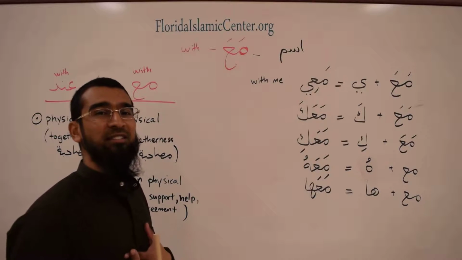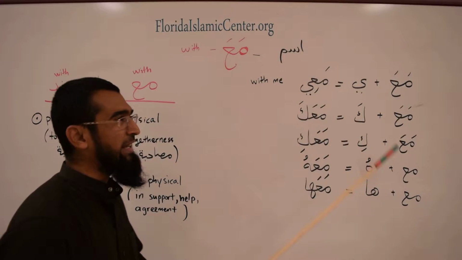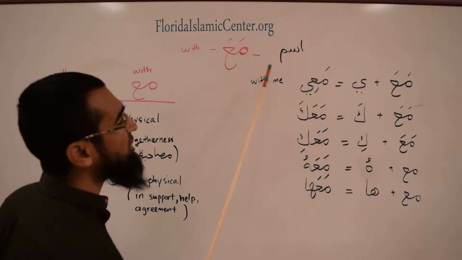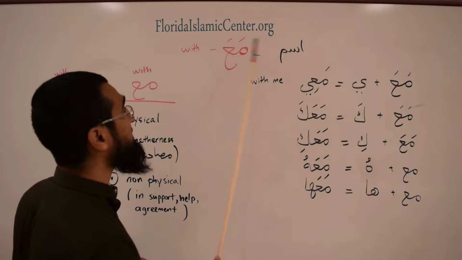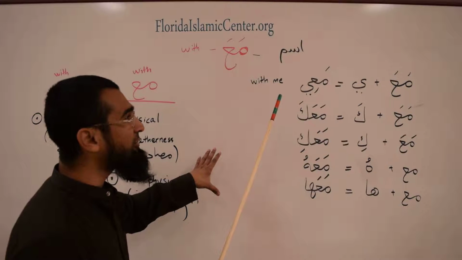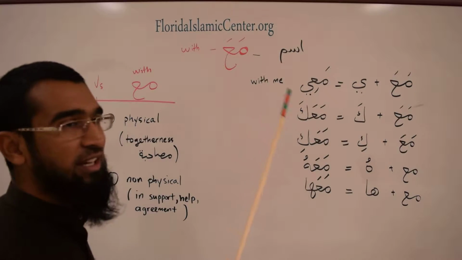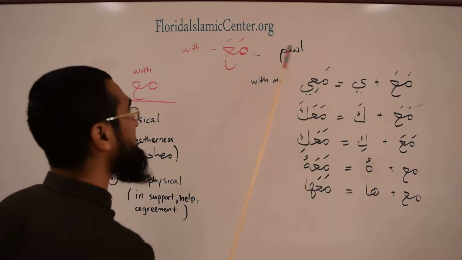But sometimes I myself may forget and get confused and have to go back to it, because it's so easy to misjudge it and say it's a harf. Or even those who say it's a harf, it's so easy for them to say it's an ism. Because in terms of the surah, the way it presents itself, it looks like an ism or it looks like a harf. But just for the records, we'll call it an ism.